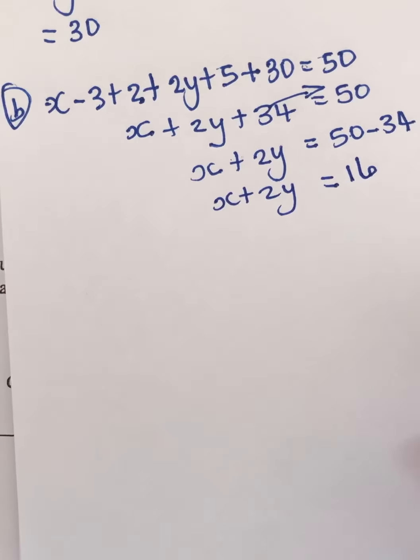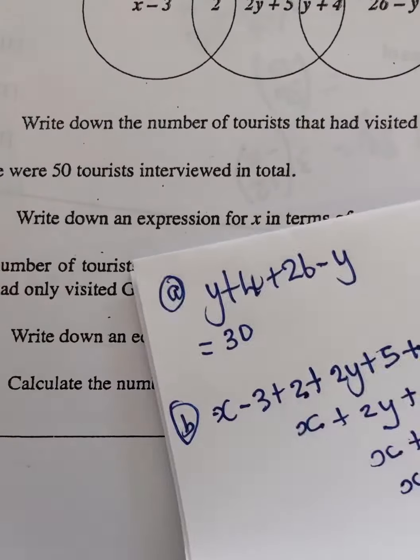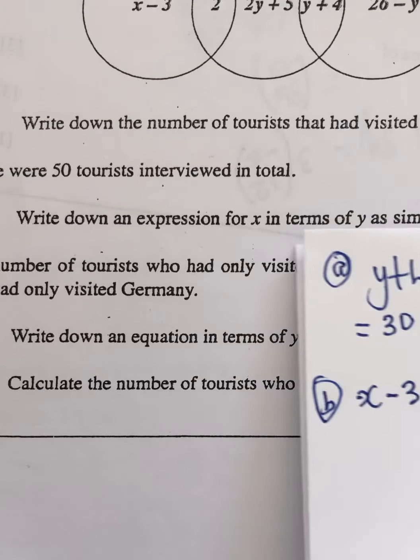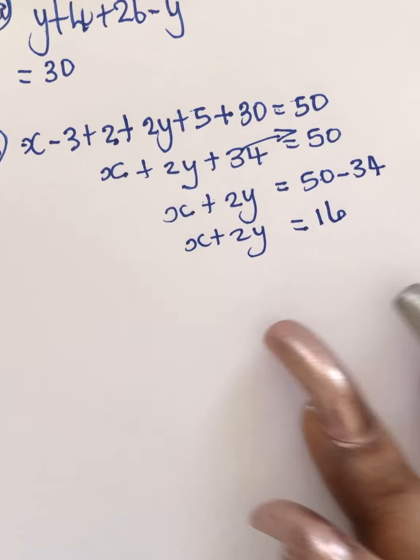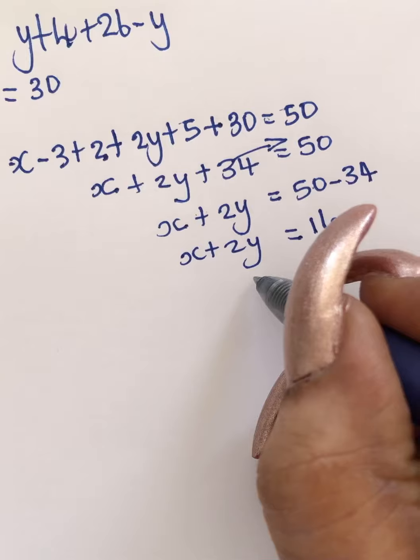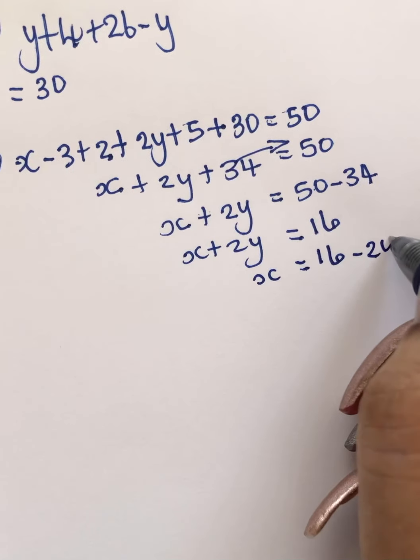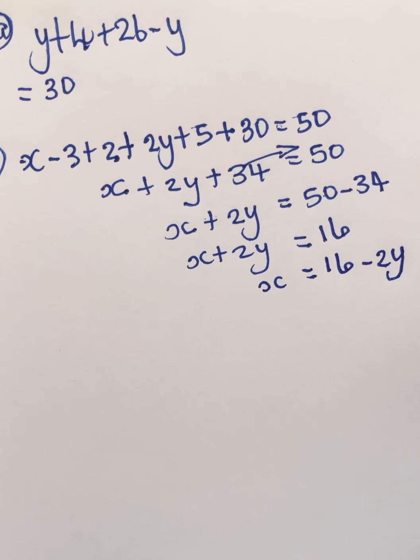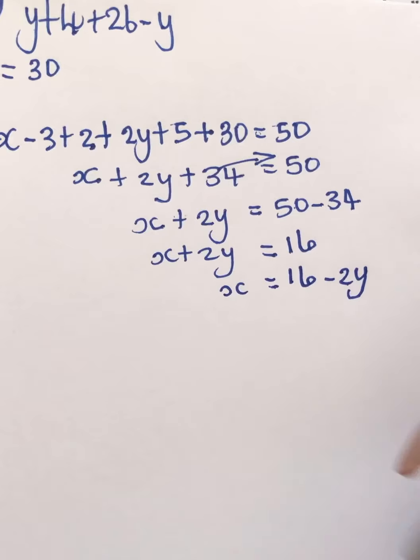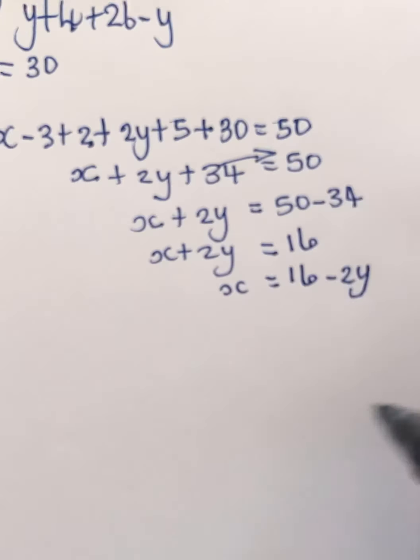And if I want to write this expression in terms of x, therefore, I'm going to make x the subject. Let us make x the subject. So my equation in terms of x would be x is equal to 16 minus 2y.